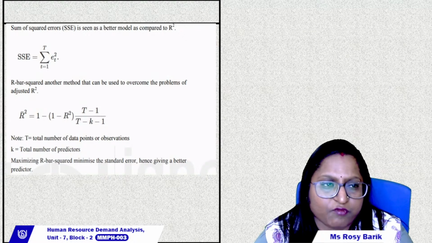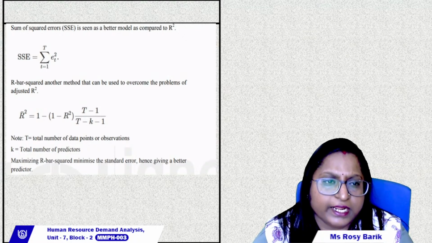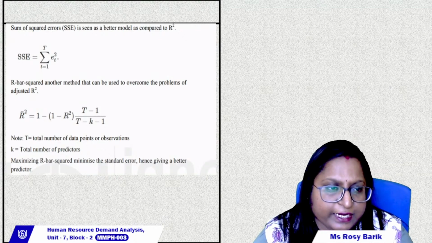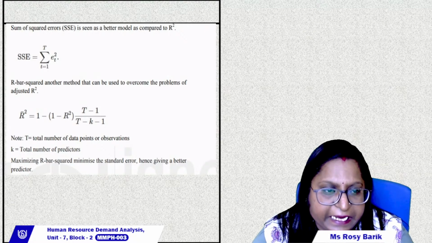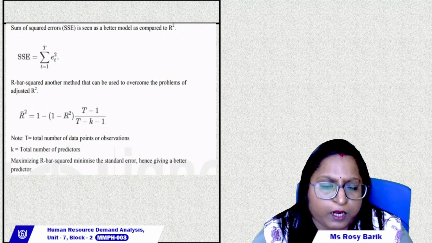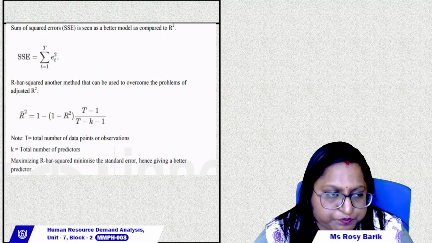The formula is R bar squared equals 1 minus (1 minus R squared) times (T minus 1) divided by (T minus k minus 1), where T is the total number of data points, or the observations, and k is the total number of predictors.